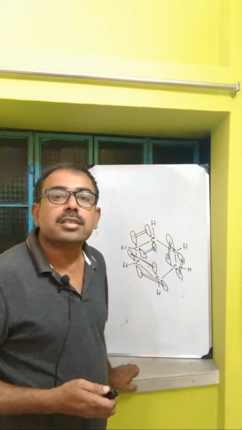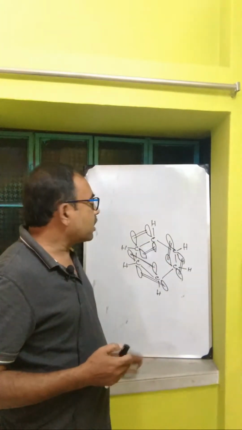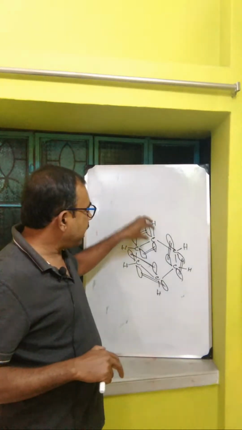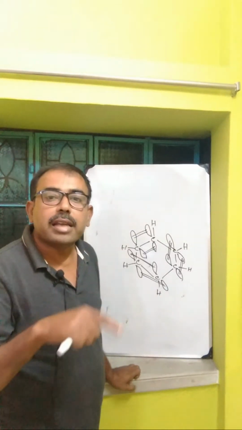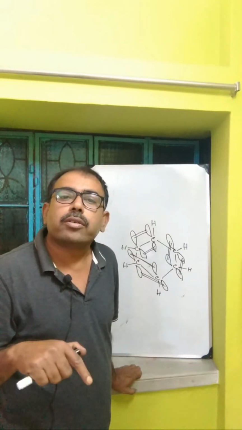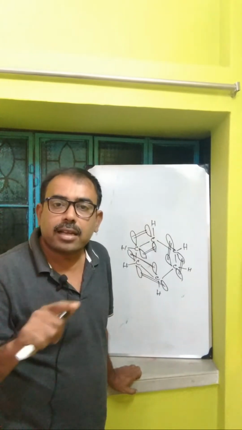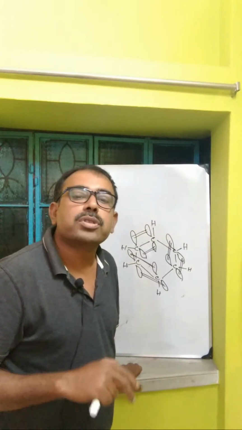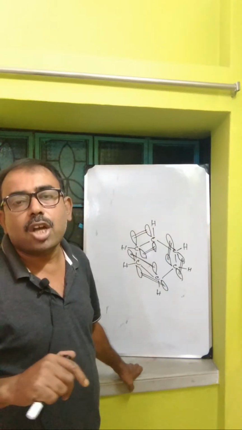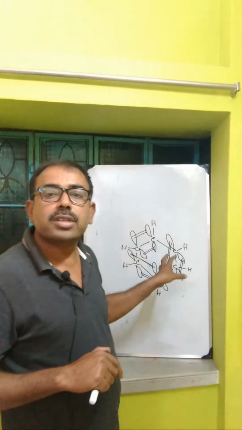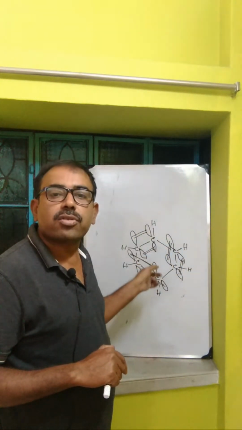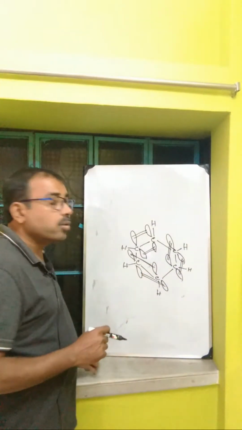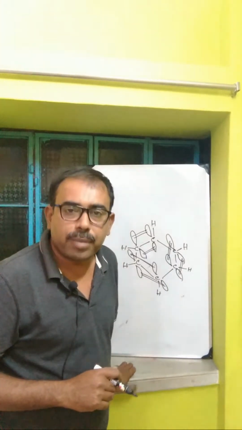So we can consider all 6 carbon atoms to be present in a plane, and above and below the plane some pi electrons are there, and those pi electrons are not tightly held by these carbon atoms. That's why if there is some positive center in the vicinity of the benzene ring, those pi electrons can easily get attracted towards the positive center. So that is how electrophilic substitution of benzene occurs.